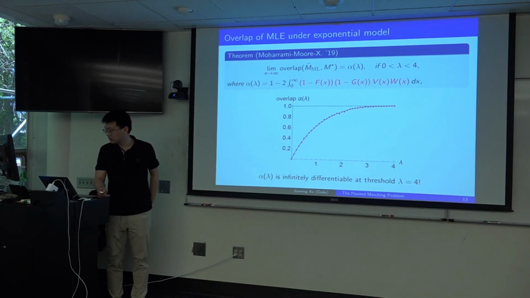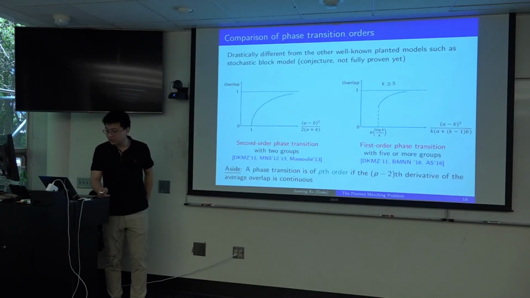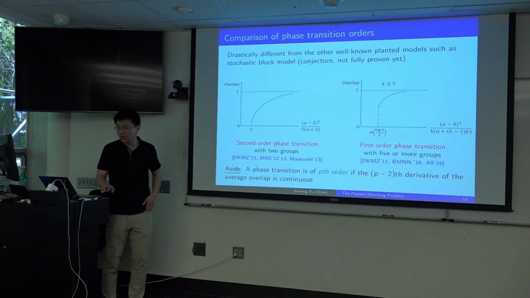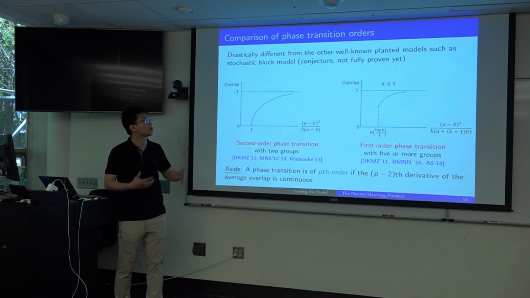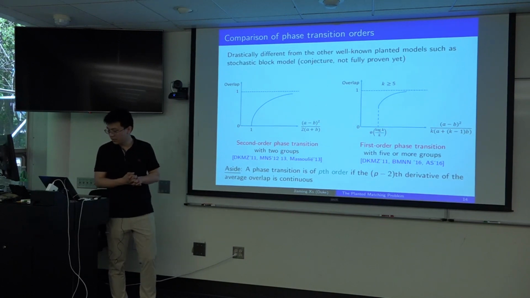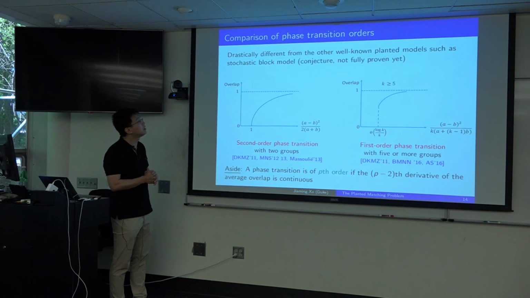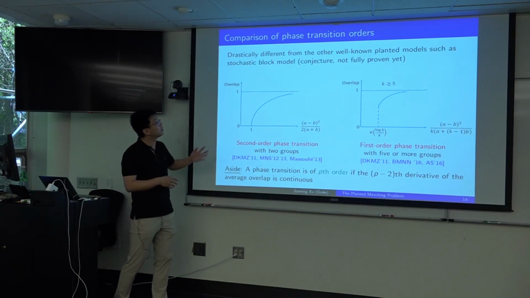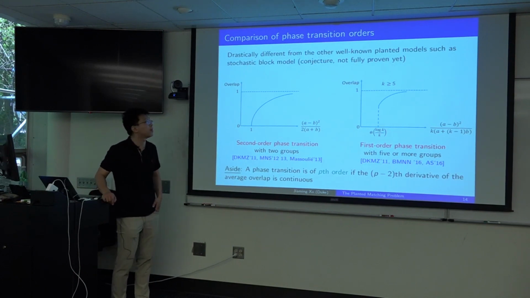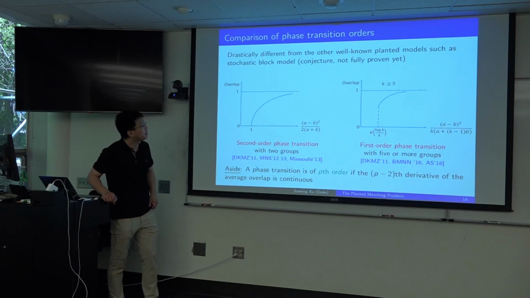Let me now tell you a little bit about this phase transition order, because this connects very well to stochastic block models and some other planted models. It turns out that in the stochastic block model, the order of phase transition is very different. Let me briefly remind you what a stochastic block model is.